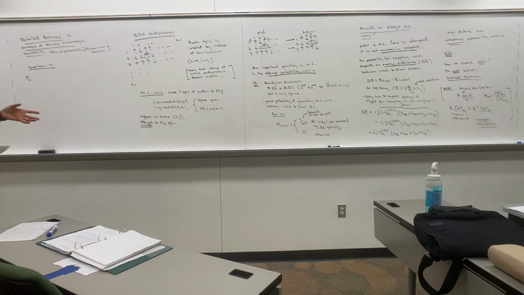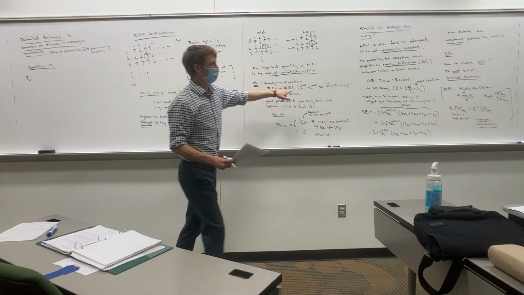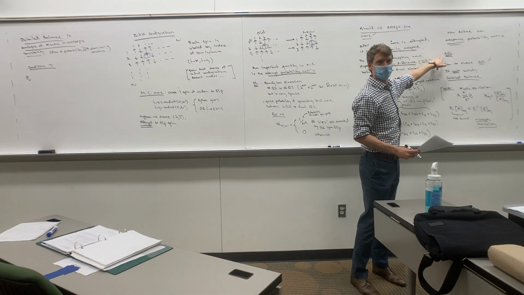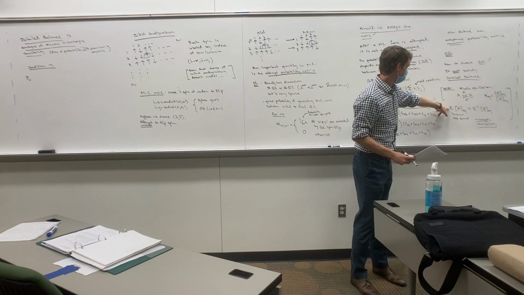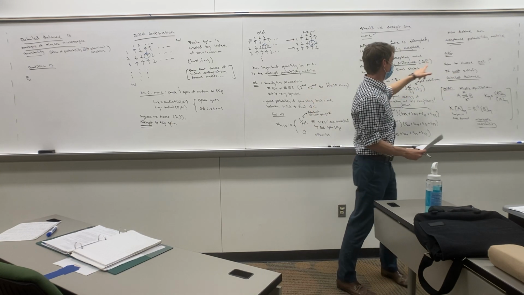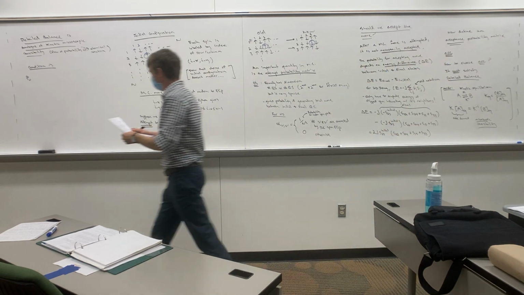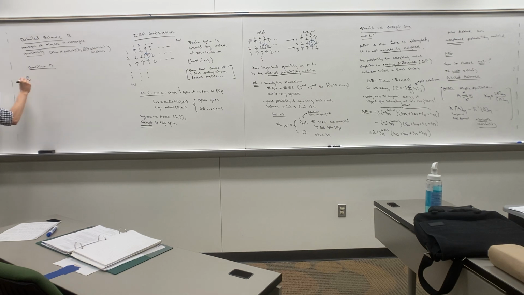Because to convert state nu from nu prime, I need to generate my move and I need to accept my move. So my rate constant is going to be alpha nu prime times ACC nu prime. Does that kind of make sense? So if P nu, I have alpha nu prime, ACC nu prime.